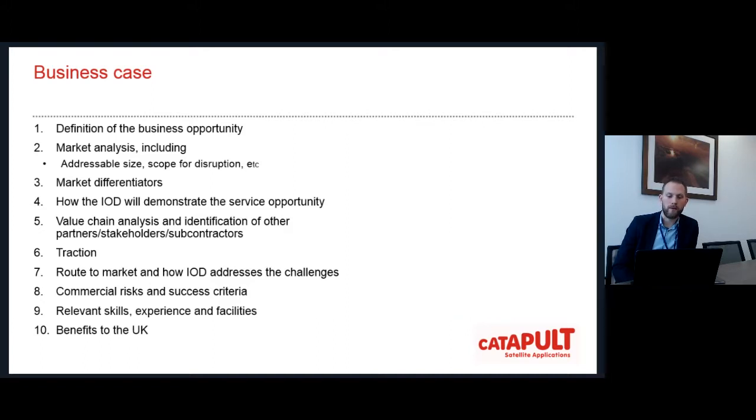So what your market opportunity is, the addressable size, the scope and scale for disruption, then also how you're going to exploit that specifically as part of the program and as part of your business plan roadmap. What's going to happen in the next 6 months, the next 12 months, in the next 5 years, in the next 10 years. And we expect to see very tangible opportunities that are going to be addressed as part of those early stages of the business plan.